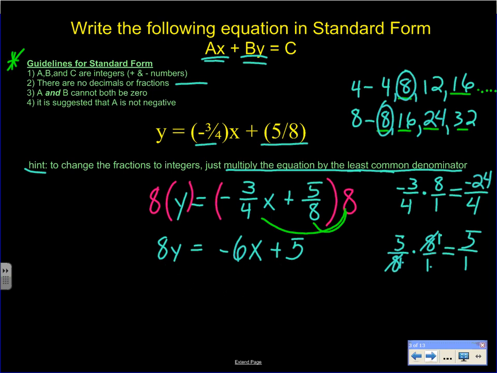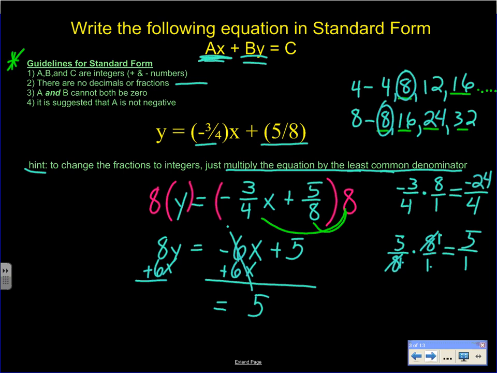In order to do that, on the right side of the equal sign with the 5 is a negative 6x, and the opposite of negative 6x is a positive 6x. We know negative 6x and positive 6x cancel, and we're left with a 5 on the right side of the equal sign. Now on the left side, 8y plus 6x. Those are not like terms, so we cannot combine those.